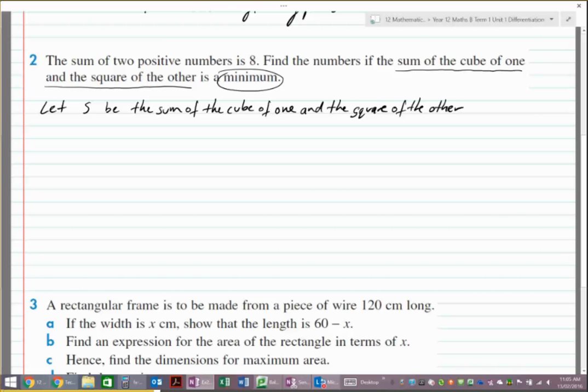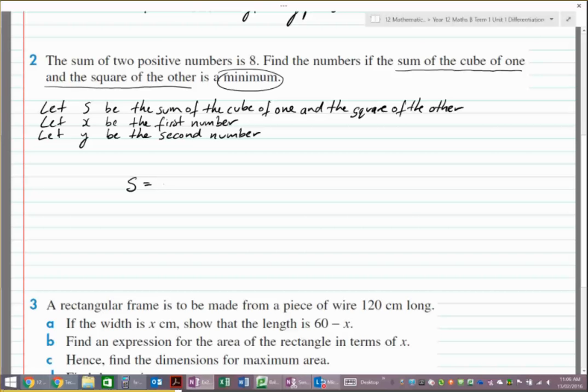Again, we're dealing with two numbers. Let X be the first number, and we'll let Y be the second number. I'm going to write my formula now for S. Okay, S is the sum of the cube of one.